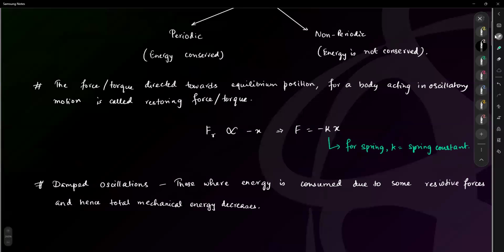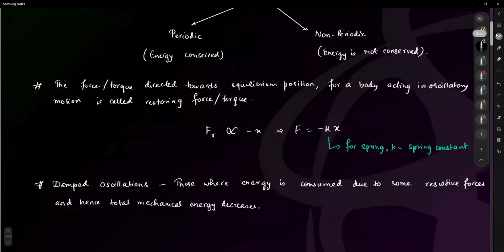Okay? Now, see, now what we are going to learn about is simple harmonic motion. Okay? Simple harmonic motion.